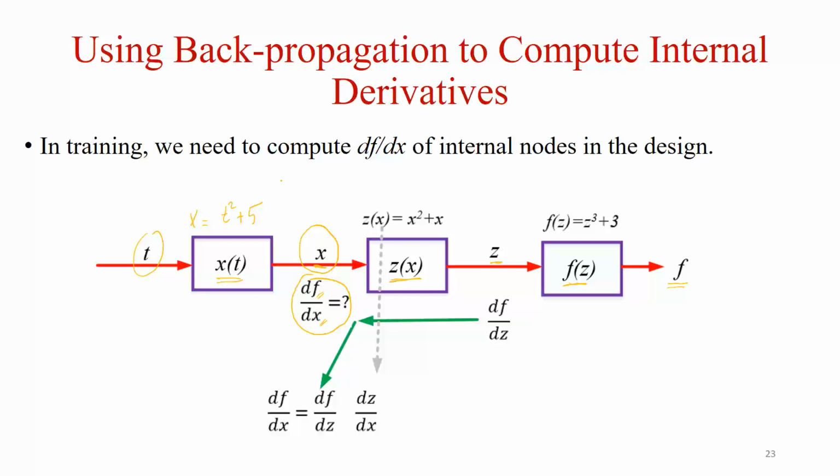And now what I desire is to compute this df dx, which is to say I want to compute the change in f with respect to a change in x. That's exactly what I want to compute. Again, why?